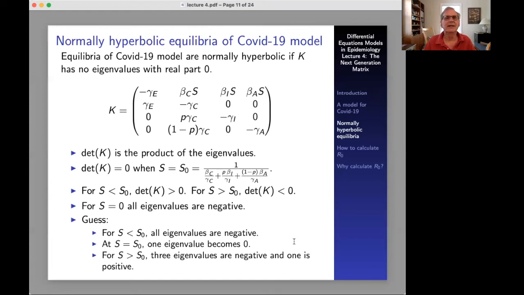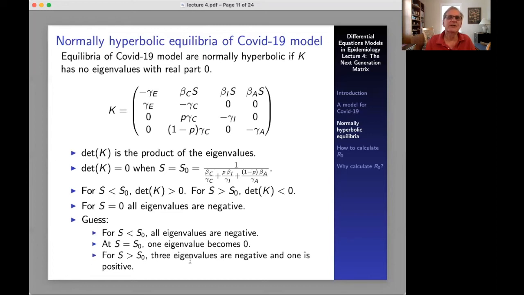Now, by the way, can an epidemic start near an equilibrium by increasing the infectives a little? If this picture is right, near an equilibrium with S less than S naught, where all the eigenvalues are negative, if you move away from that equilibrium, because of the picture we have for normally hyperbolic equilibria with all negative eigenvalues, you're just going to move back immediately to a nearby equilibrium, and the epidemic would die out.